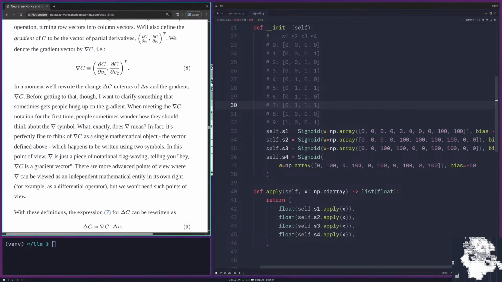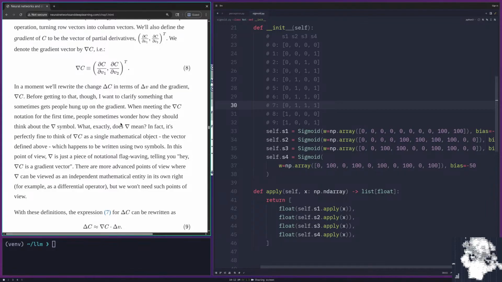In a moment, we'll rewrite the change delta C in terms of delta V and the gradient grad of C. Before getting to that though, I want to clarify something that sometimes gets people hung up on the gradient. When meeting the grad of C notation for the first time, people sometimes wonder how they should think about the grad or del symbol. What exactly does del mean?